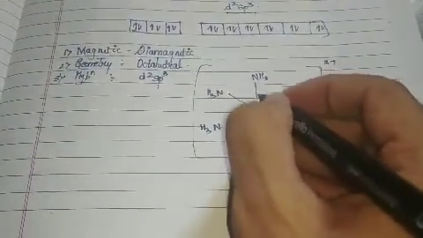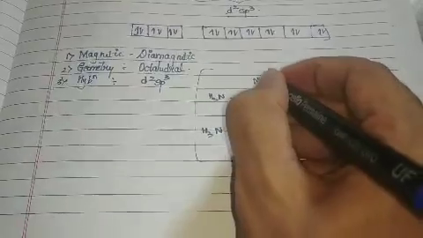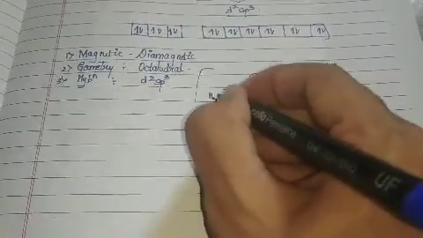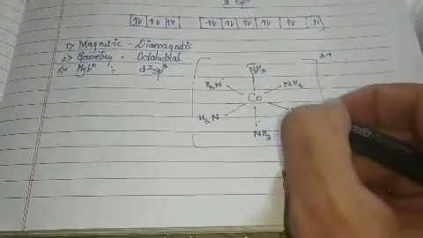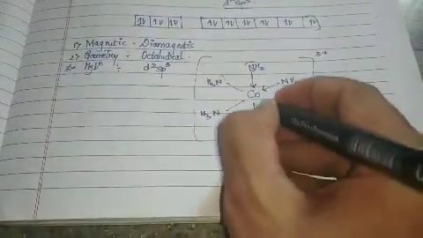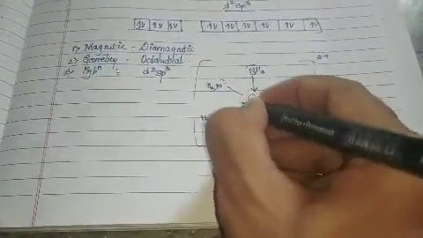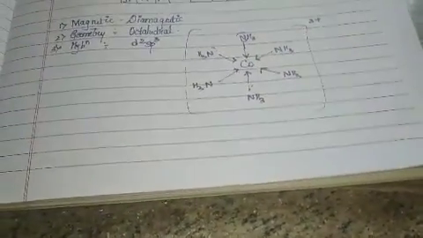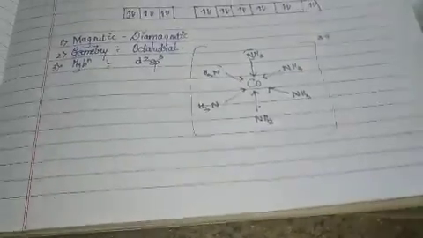So whatever the bonding representation is there, that should be attached with respect to your nitrogen itself, not the hydrogen part. And they all have directional properties because they are donating the electrons to your central metal atom or the ion. So this will be the structure of your hexaamminecobalt(III) ion.